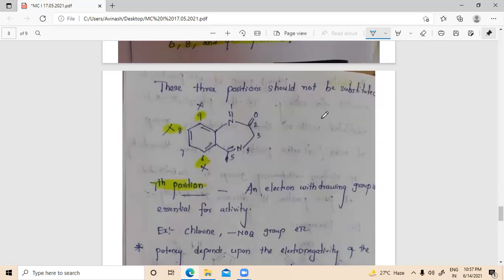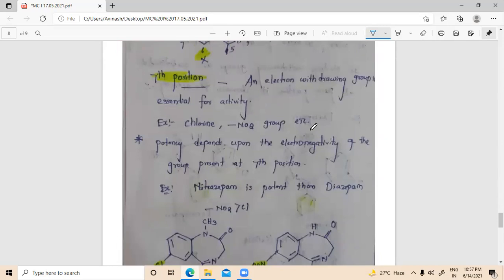These three positions should not be substituted. I have highlighted them with a yellowish marker here. These positions should not be substituted by any group. Better you leave those positions unsubstituted so that the biological activity is not disturbed.